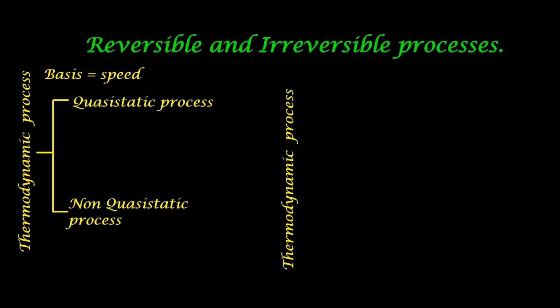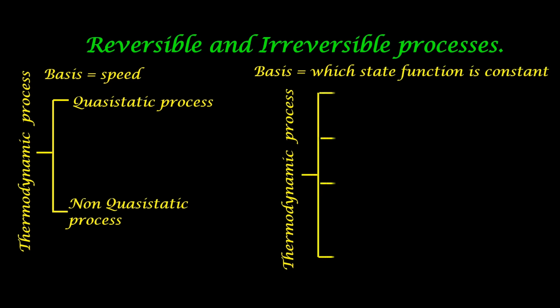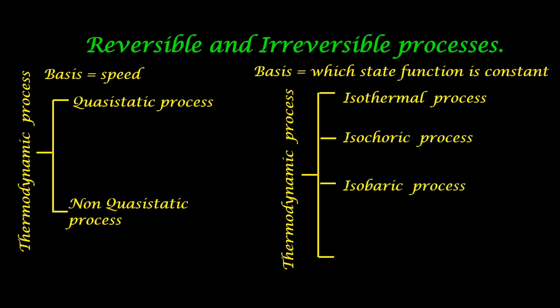Thermodynamic processes can also be classified on the basis of which state function is constant. If temperature is constant, they are called isothermal process. If volume is constant, they are called isochoric process. If pressure is constant, they are called isobaric process. And if no state function is constant, they are adiabatic process.